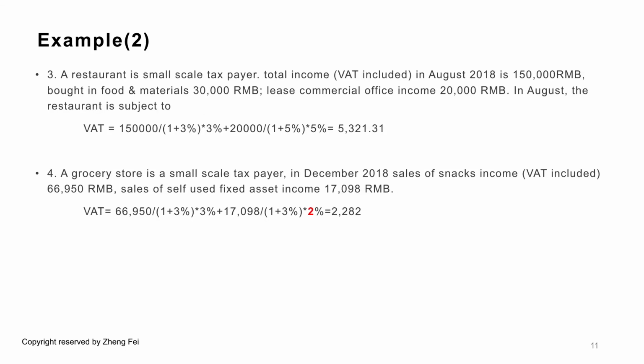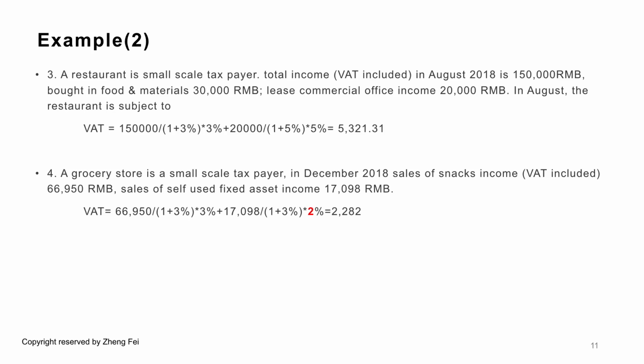Third, a restaurant is a small-scale taxpayer. The total income in August of 2018 is 150,000 RMB. Then the bought-in food and materials cost 30,000 RMB. The lease of commercial office income is 20,000 RMB.